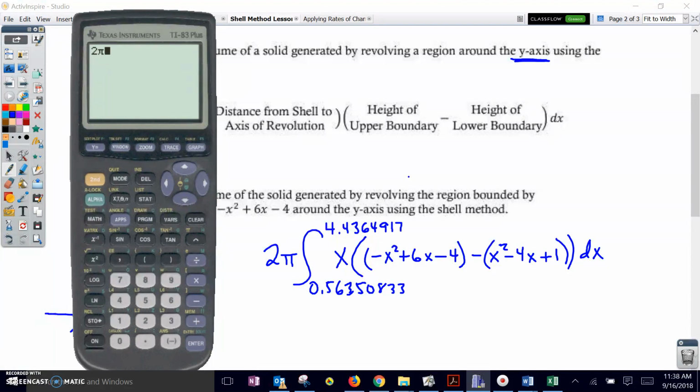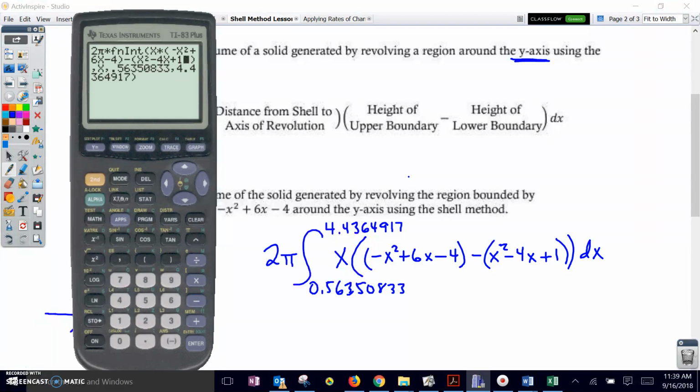So we're going to have 2 pi times the integral of x times the quantity negative x squared plus 6x minus 4 minus the quantity x squared minus 4x plus 1, with respect to x from 0.5635083 to 4.4364917.